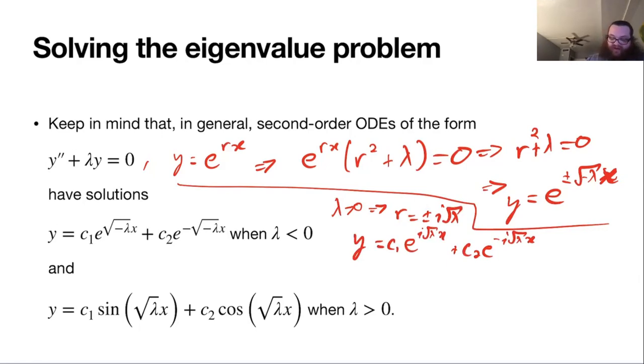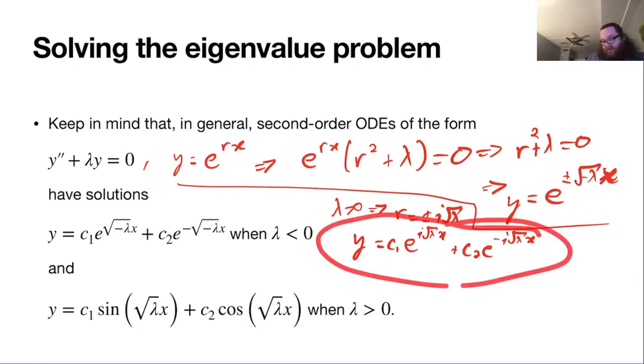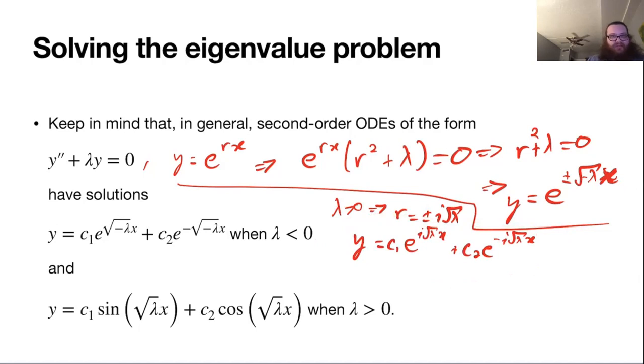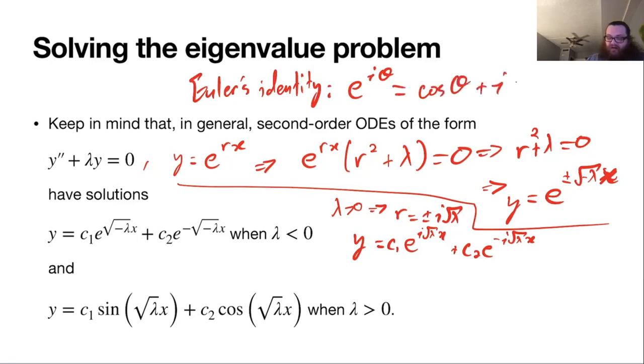Which is fine. I mean, it solves it, sure, but it doesn't really tell us much about what's actually happening. And then the observation is, well, we have this thing called Euler's identity, which says if you have an expression of this form, e to the i theta, where theta is a real number, you can write it as cosine of theta plus i sine of theta.